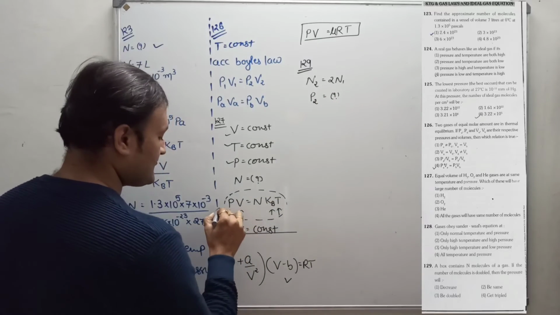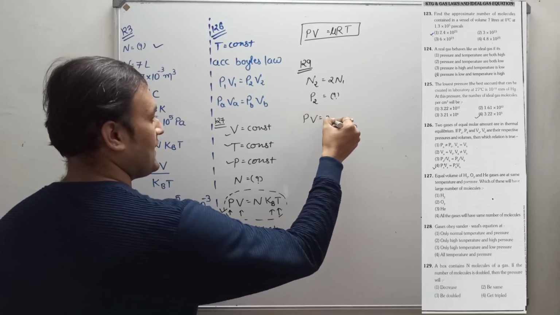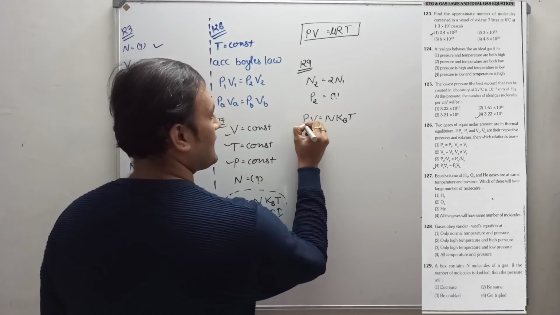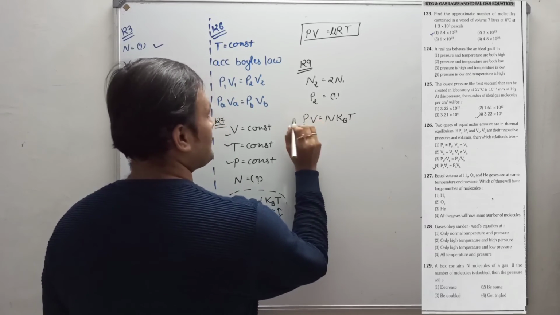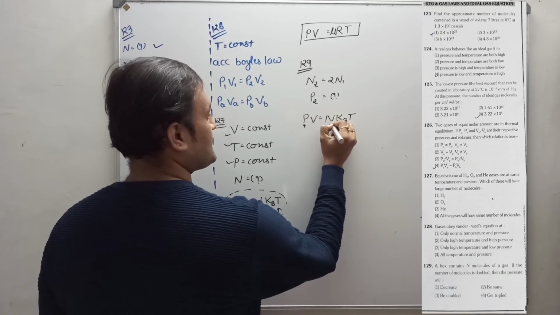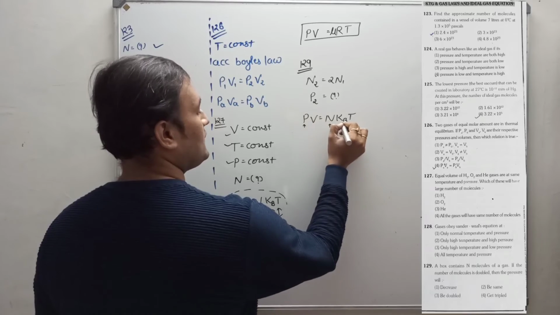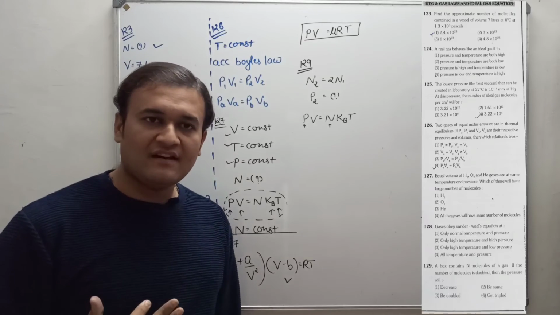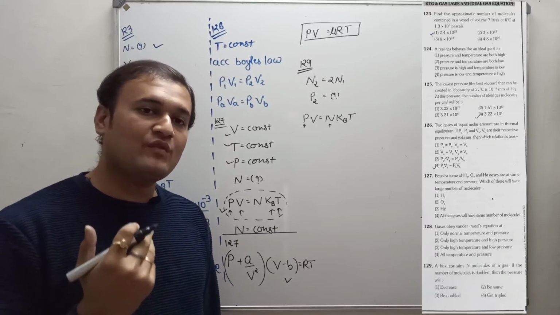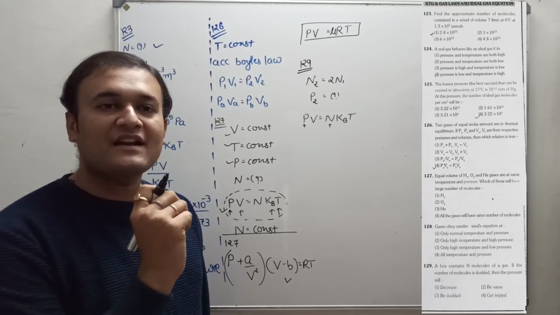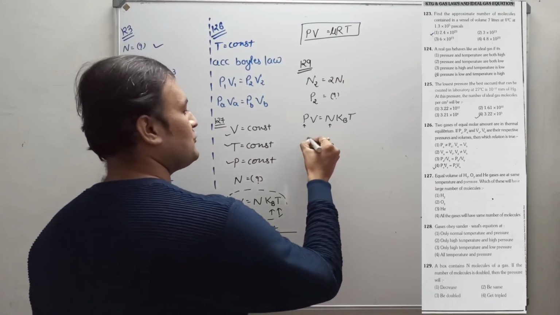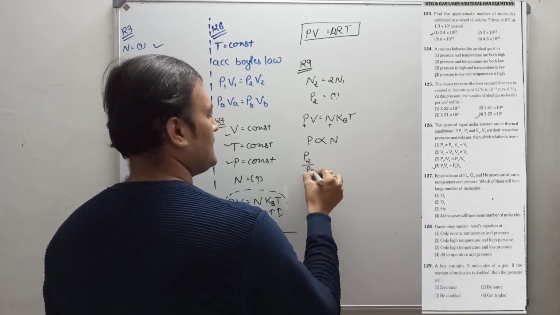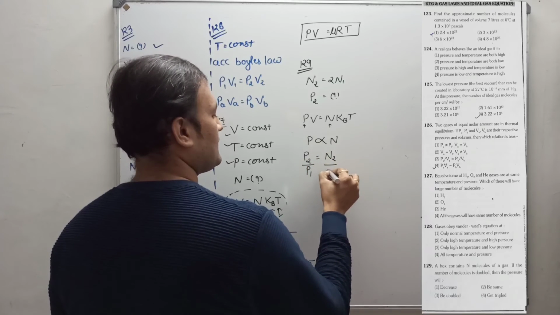We use this formula once again, PV is equal to N KB T. Note that P changes and N changes, but the remaining terms will be constant. V is constant, KB is constant because its value is 1.38 into 10 raised to minus 23, and T is not mentioned, so it is also constant. So P is proportional to N. So P2 upon P1 is equal to N2 upon N1.